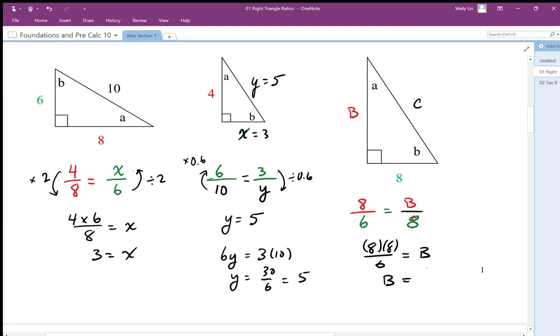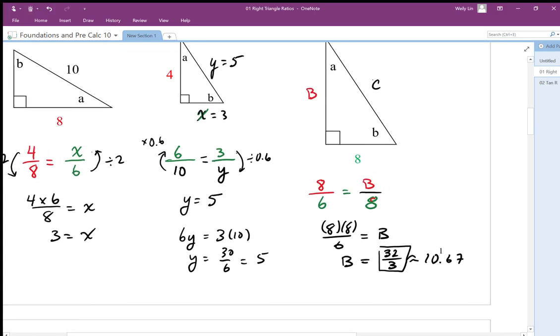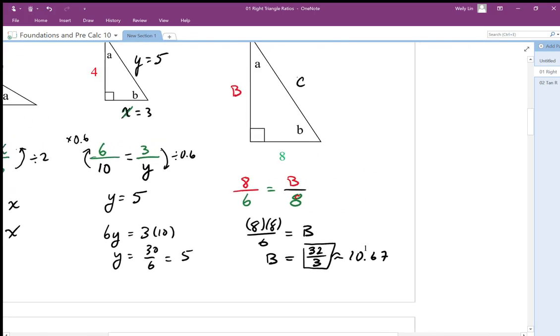I'm just going to leave this as 32 over 3, which is approximately 10.67. We should start getting used to using fractions. I know we like to use decimals to know about how long, and 10.67 is an appropriate length for side B here, but the fractions are always going to be better.